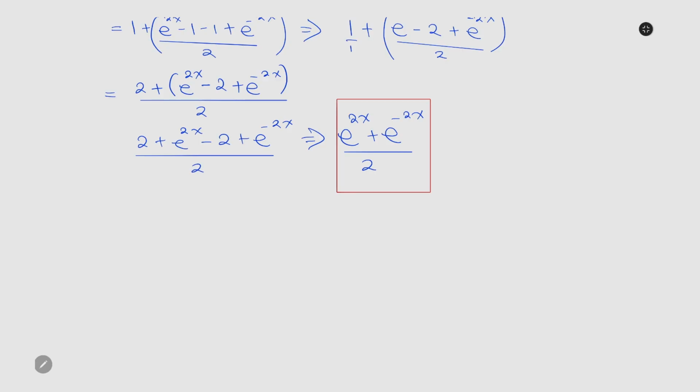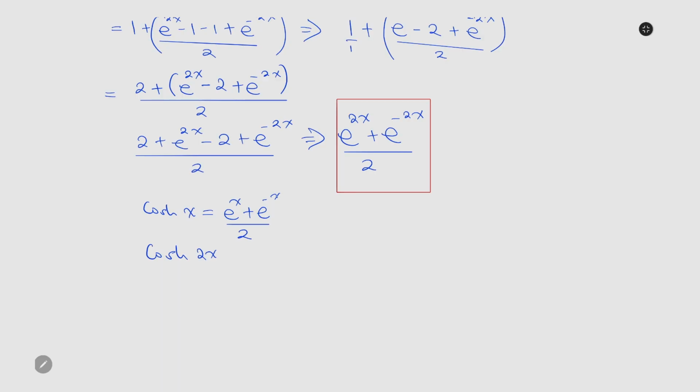We know that cos x is given by exponential x plus exponential negative x over 2. Here it was x, so the value was exponential x, exponential power negative x.